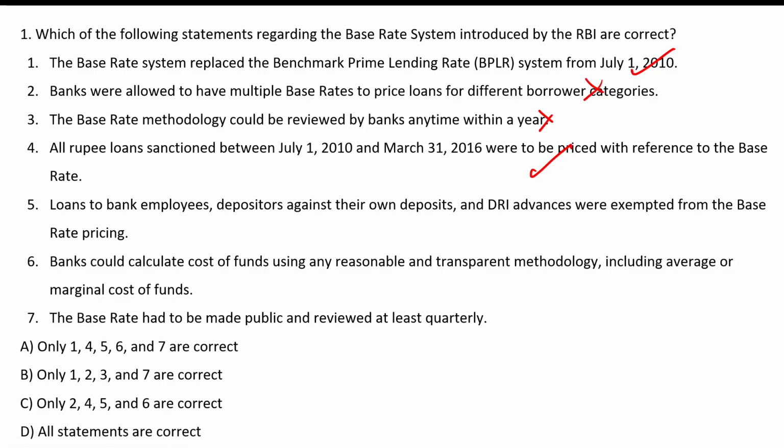Banks should calculate the cost of funds using any reasonable and transparent methodology, including average or marginal cost. So this is also correct. And statement 7, the base rate has to be public and reviewed at least quarterly, is also correct. So 1, 4, 5, 6, 7 are correct. So A is the correct answer for this question.